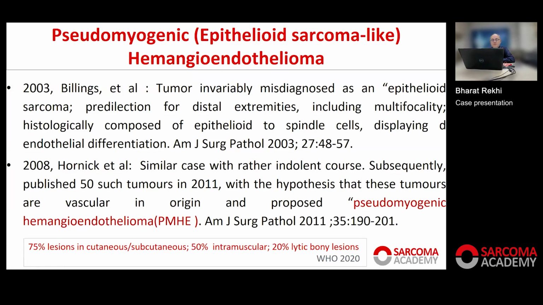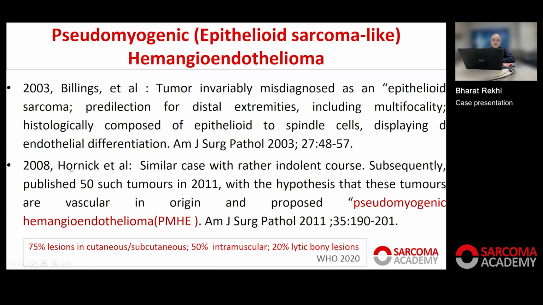So coming to this bit of a story about pseudomyogenic hemangioendothelioma: in 2003, Dr. Fletcher and Billings described an entity which mimics or can be misdiagnosed as epithelioid sarcoma, occurs in distal extremities, characterized by multifocality, just like I shared with you in these cases, especially case number 1, unusually in bone, and composed of epithelioid spindle cells with endothelial differentiation and co-expression of epithelial markers.